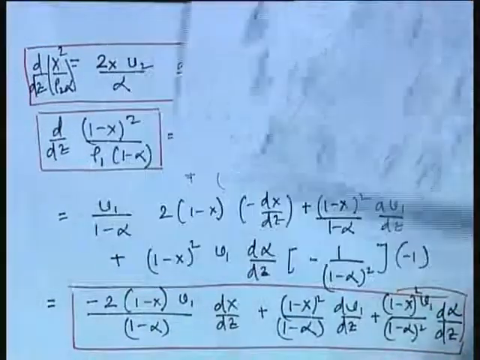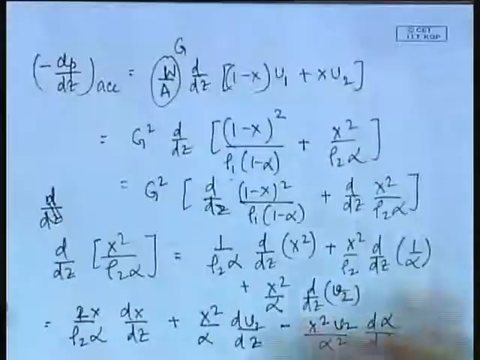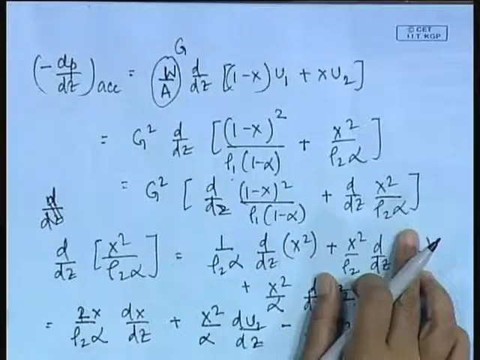Now, once I substitute both these equations here, I get the final expression of acceleration pressure gradient in terms of known measurable parameters. It will just contain alpha extra, okay, and x, that also we consider to be a known measurable parameter. So, if we substitute this particular equation and this particular equation in the acceleration pressure gradient equation, the final expression which we get is something of this sort.